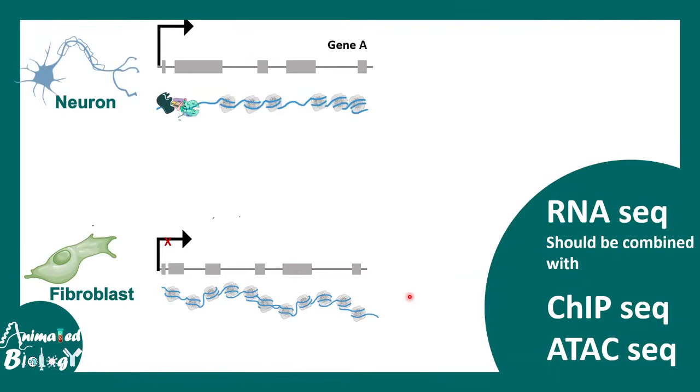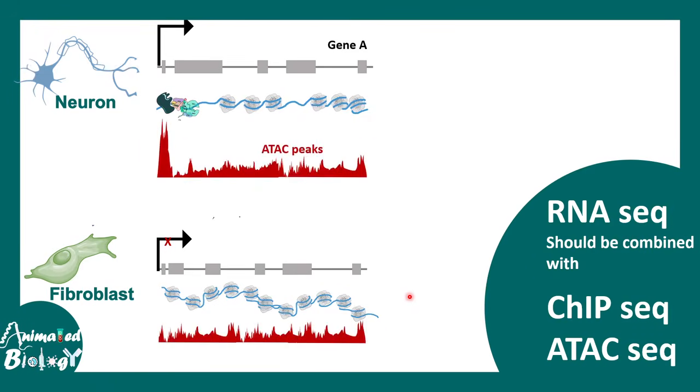Now let us take an example of a multi-omic approach. Let us have two cell types, neurons and fibroblasts, and see whether a gene of interest, gene A, is expressed in one cell versus the other. It turns out that gene A is expressed in the neuron. That means mRNA of gene A is found in neurons and not in fibroblasts. So it is a neuron-specific gene. But only by looking at the RNA do we get a partial picture.